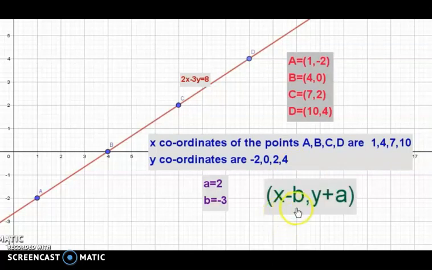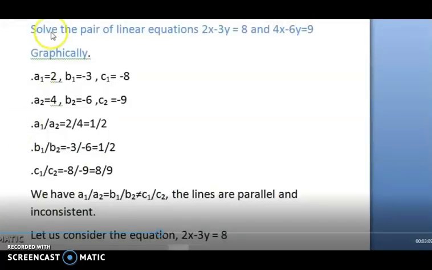So we can get the next point just by subtracting b from x and adding a to the y coordinate. Yes, once we get a point on the line by trial and error method, we can write any number of points by using x minus b, y plus a.